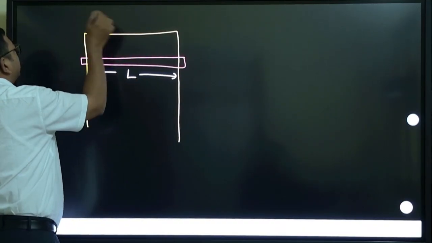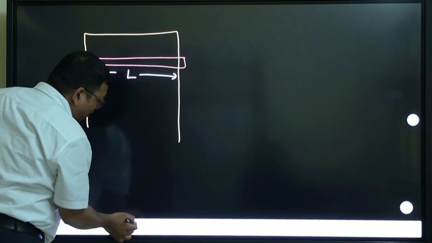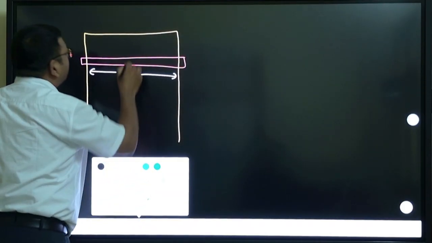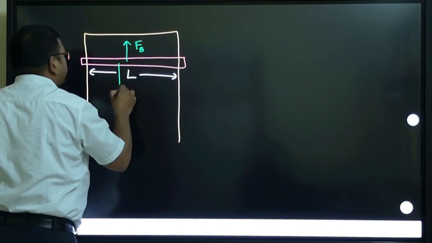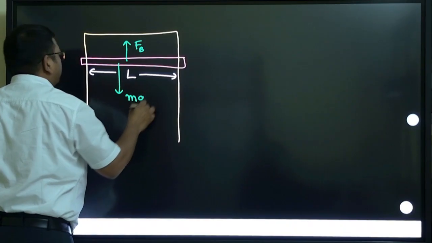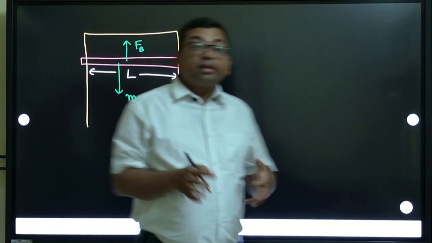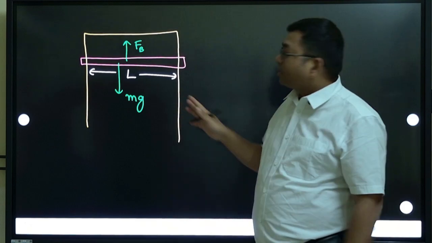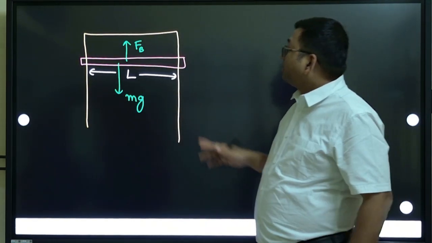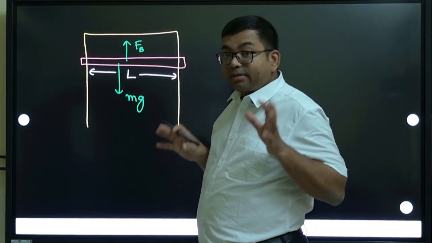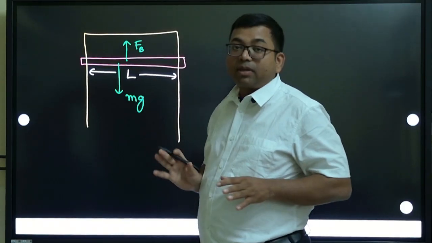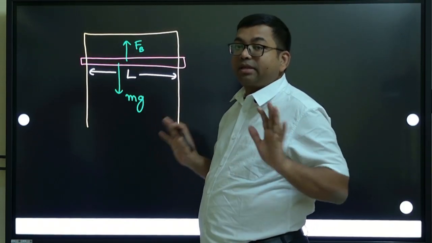Let us take any direction of magnetic field, but definitely the magnetic force has to act upward, and mg must act downward, because they are saying that it attains equilibrium. Equilibrium means the forces must balance, right? So you don't have to bother about which direction the magnetic field is, but the magnetic force must be upward.